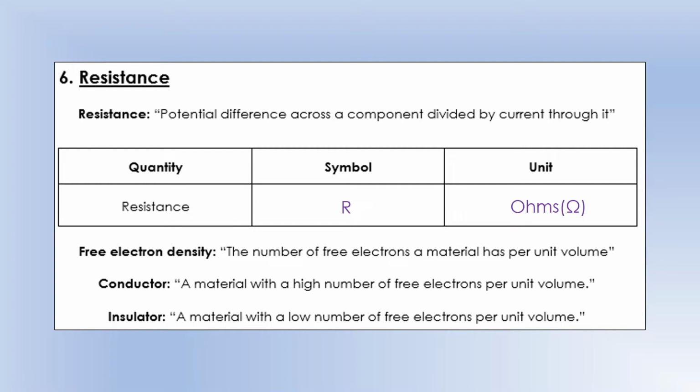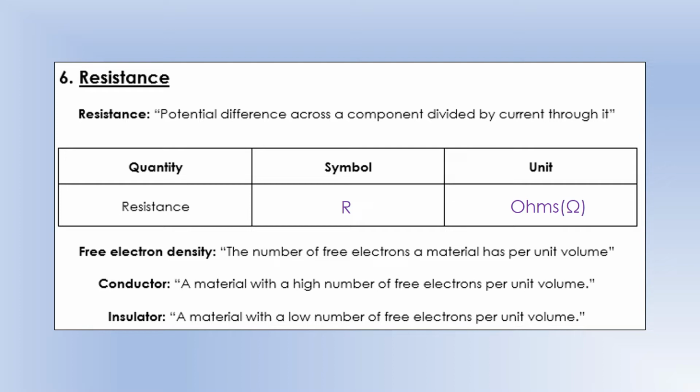So when we're talking about resistance in terms of describing what it really is, we're going to be talking about a few different things. You should know already that to have a current passing through a circuit, you need a conductor. We describe conductors and insulators using something called free electron density, or electrons per unit volume. Free electron density tells you how many free electrons there are in each meter cubed of a material that you think might be a conductor or an insulator.